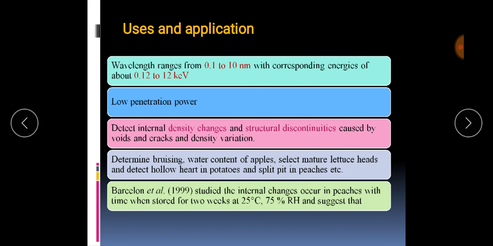Some scientists have already studied the changes that occur in peaches with time when stored for 2 weeks at 25 degrees centigrade and 75% relative humidity.